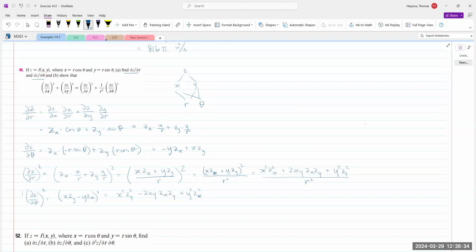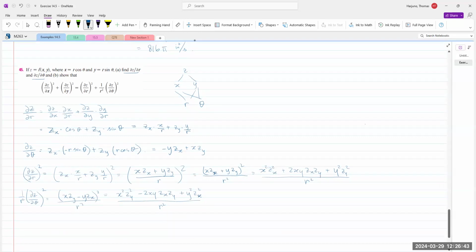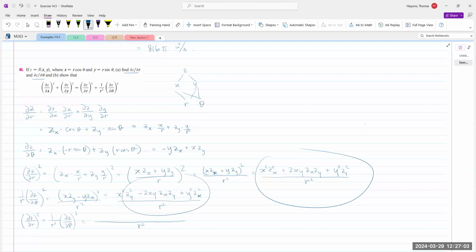If we divide this by r squared, that's what we get. And therefore, if we add them, dou c dou r squared plus 1 over r squared dou c dou theta being squared, we basically add those two terms. This guy with this guy added together.